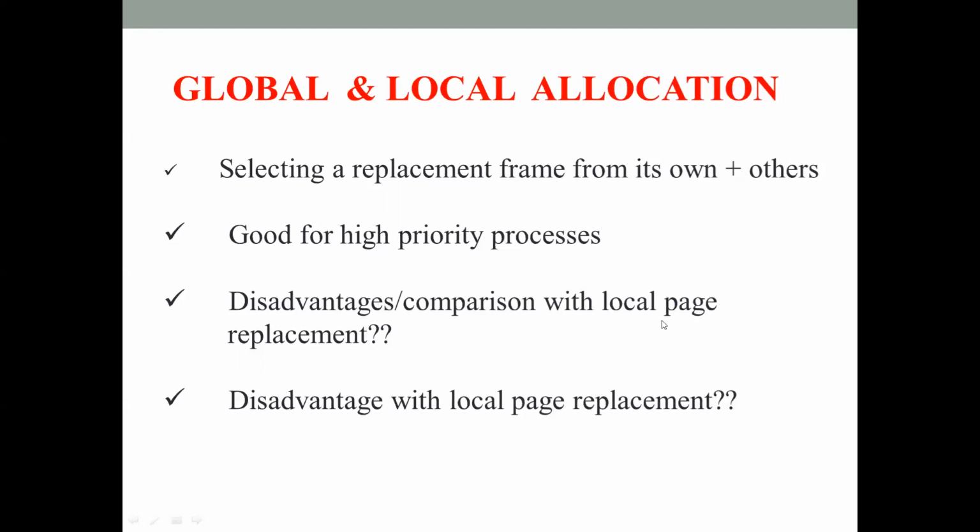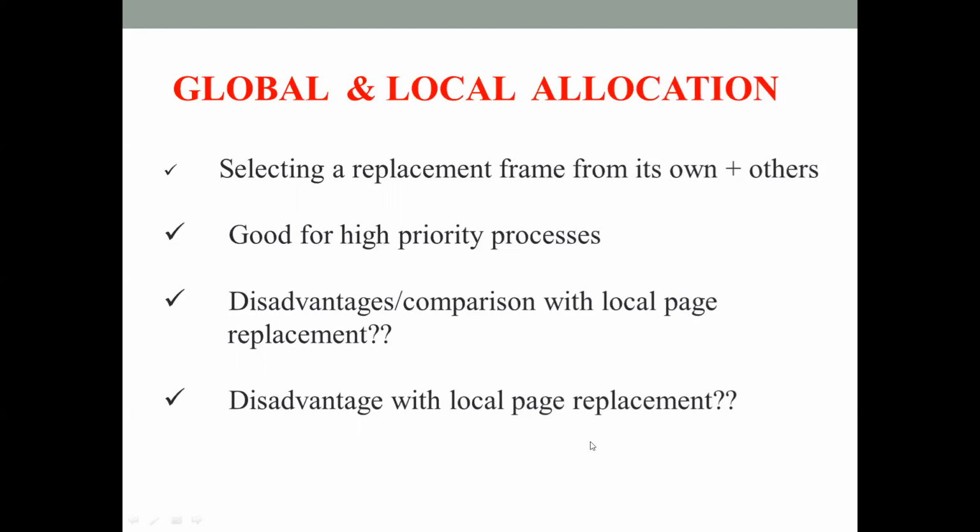But we may still have a disadvantage with local page replacement. Say, for example, a particular process P1 needs 2 frames for execution, and these 2 frames are free and available, but they belong to some other process. In local page replacement, even though the frames are free and available, this process cannot take the frames of other processes.